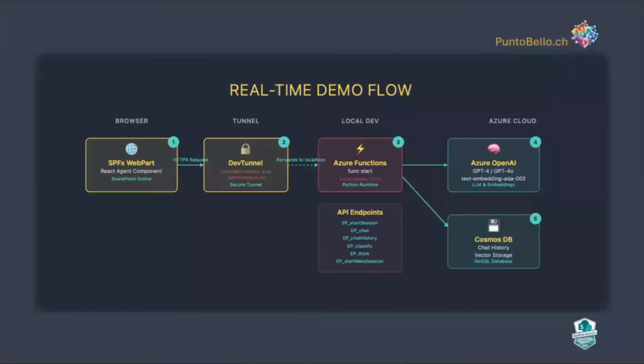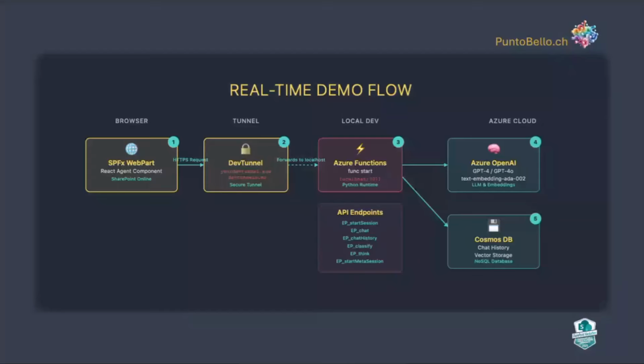So the SPFx web part is deployed on the tenant, but it could also be gulp served, so locally served. And then I've created a dev tunnel. This is a free product from Microsoft, and basically you get a public URL which then points to your local machine.